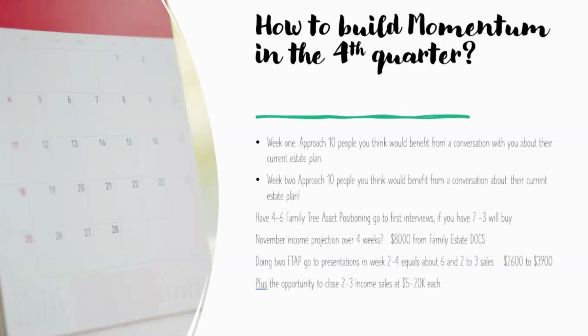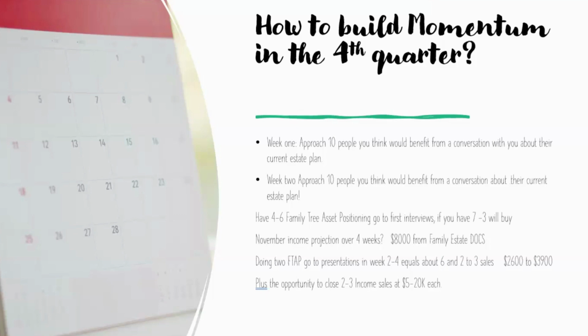If you have a license, or if you want a license with Family Estate Docs, I would ask you to tell me what is your November income projection? Is it $8,000? That's the answer. Let's ask the questions how to get there.